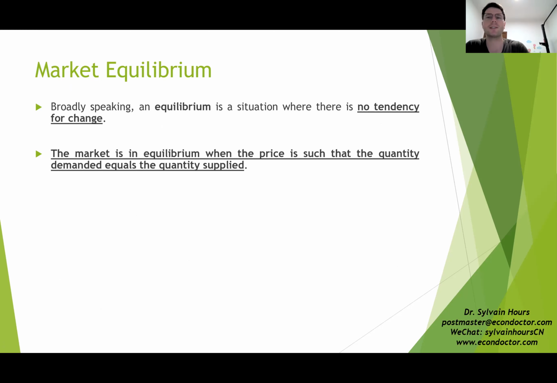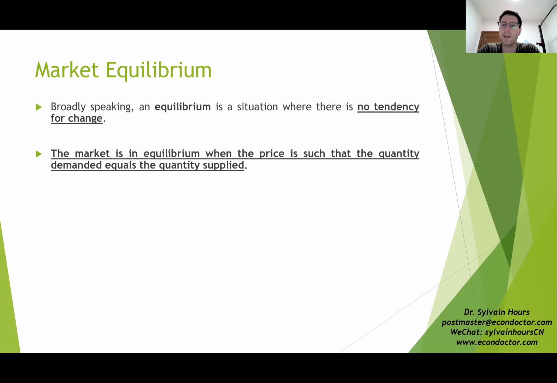We talk about market equilibrium, so it's always a good idea to start by explaining what we mean in general by equilibrium. In general, an equilibrium is a situation in which there is no tendency for change. You've probably studied, or the students have probably studied, the concept of equilibrium in other subjects like chemistry, physics.